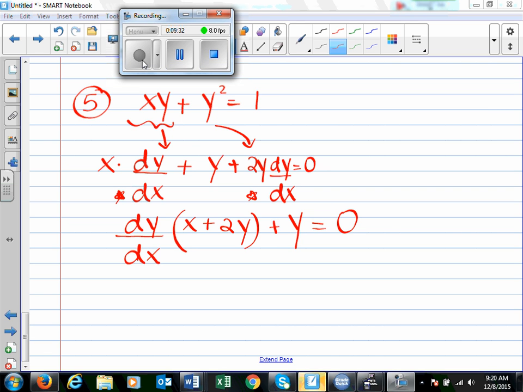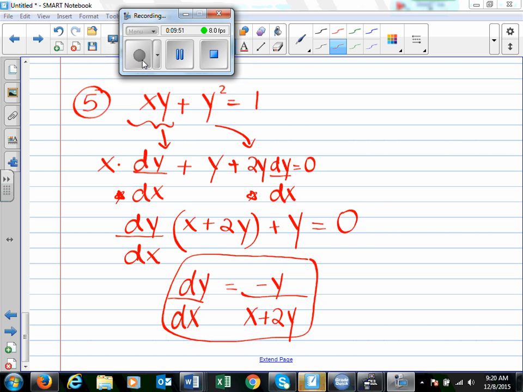So now we can subtract y on both sides, and divide at the same time. So this will be negative y divided by x plus 2y. You're doing both in the same step. So instead of doing it 2 times, subtract y and then divide, you just do it all at once.